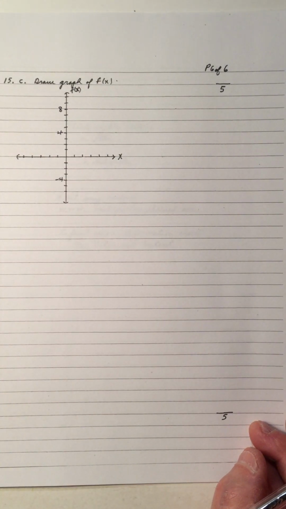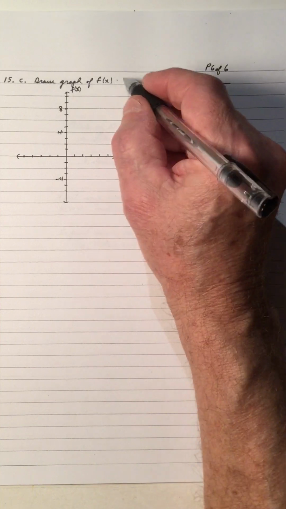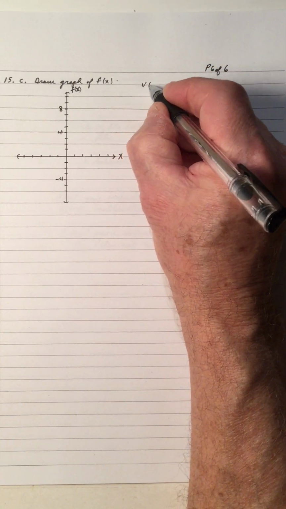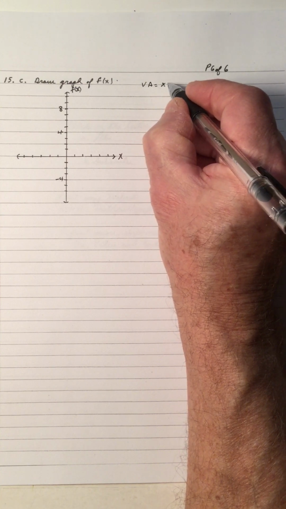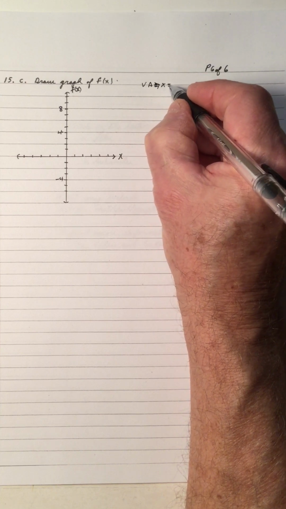And I want to look at the graph of that function. So remember, the function had a vertical asymptote at x equals 1.